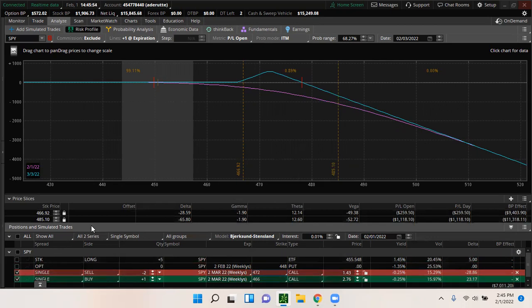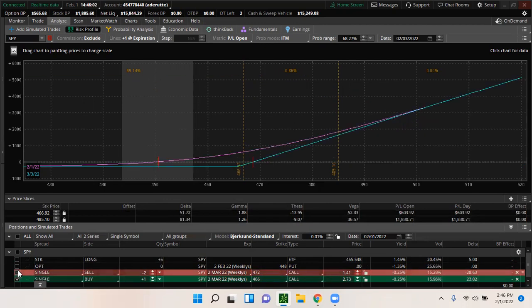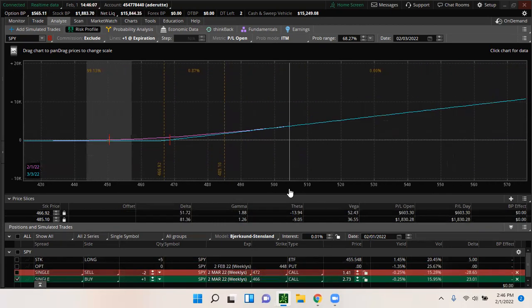So to answer your question, when you buy a call, you're very bullish on that particular stock. You think that it's going to go up like this. So if I don't sell any calls and I just buy a call, it's going to go up exponentially.